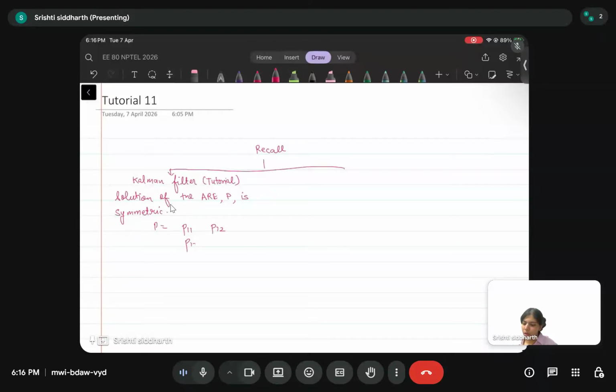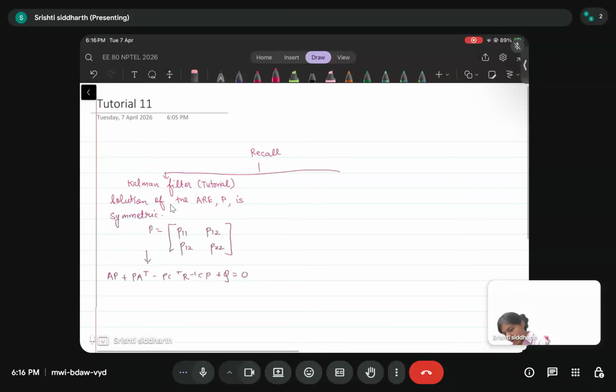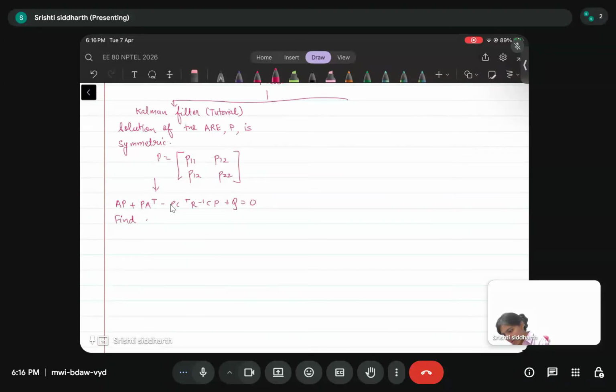We do not have to consider the case when we have a general matrix P. So we have only one case and P is symmetric. We can substitute this into the algebraic Riccati equation, AP plus PA transpose minus PC transpose R inverse CP plus Q, and solve for P, and then find out the values of P11, P12.